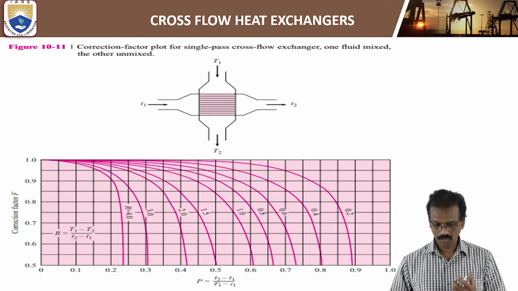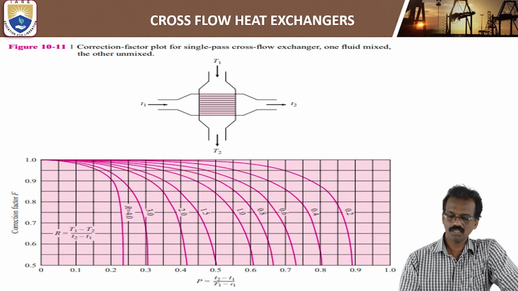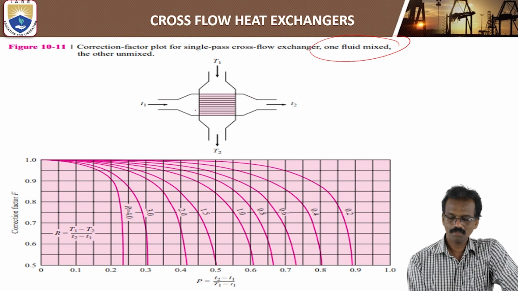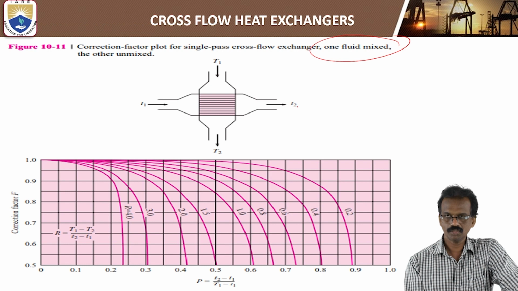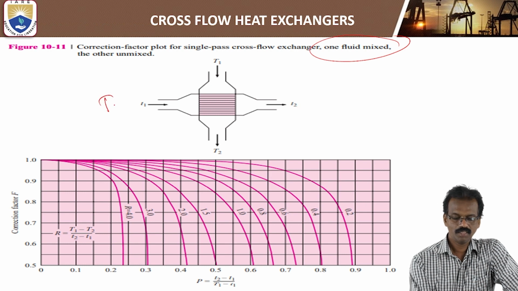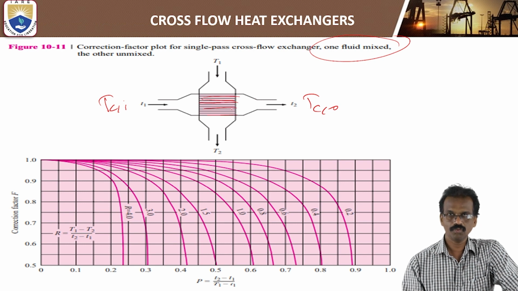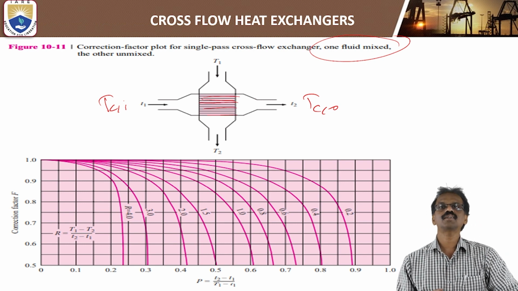We'll see one more. Here, one fluid is mixed, but the other fluid is not mixed. The cold fluid goes from small t1 to small t2, otherwise TCI to TC0. This cold fluid is flowing through separate cells, so it does not mix with each other.